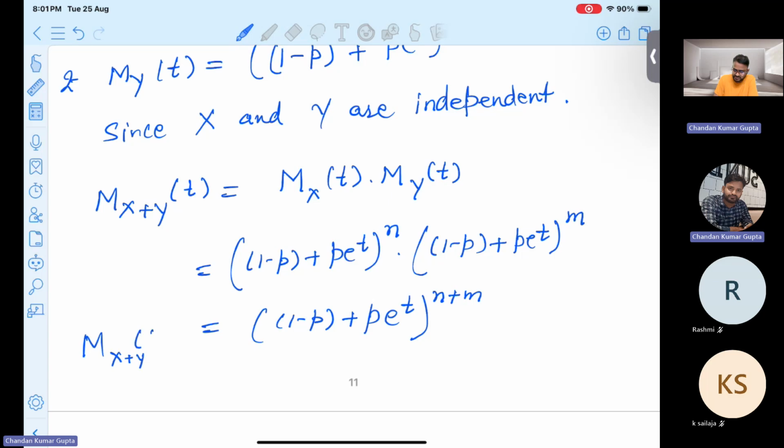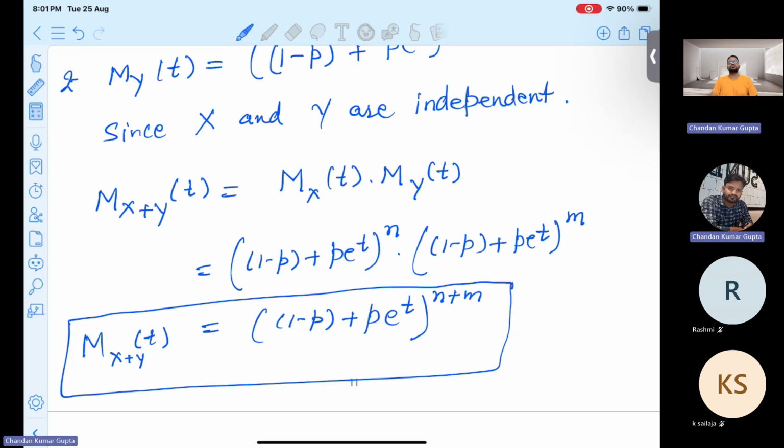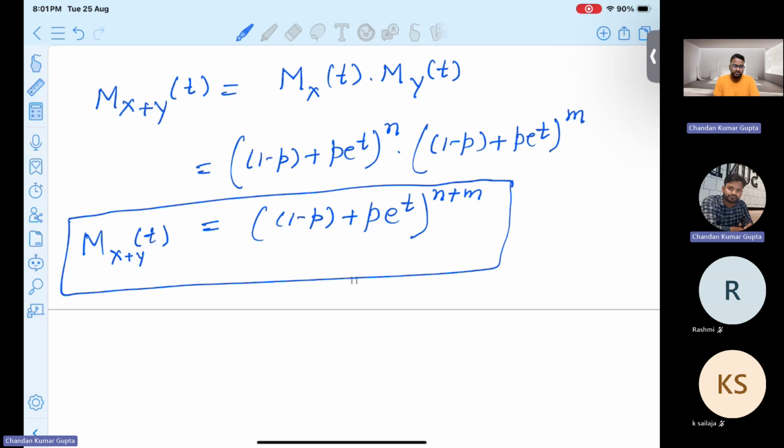So its MGF will be like this. And since we know the uniqueness theorem of MGF, although we need to find the MGF only, with the help of this MGF we can conclude this is nothing but a binomial distribution again with the same probability of success p, but a different number of trials, which is n plus m.